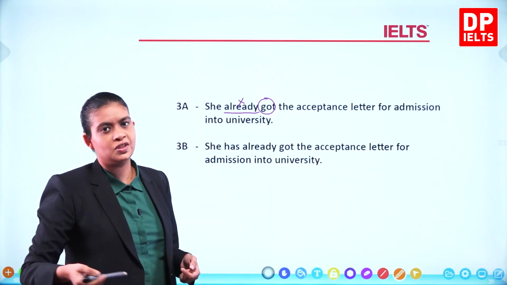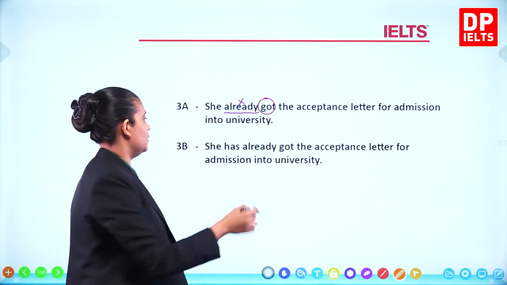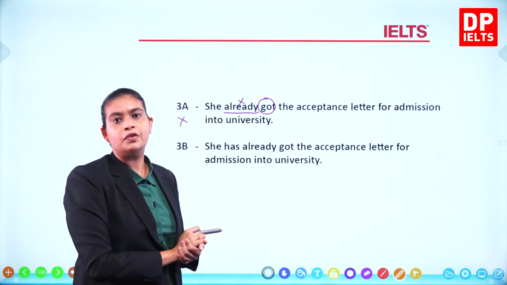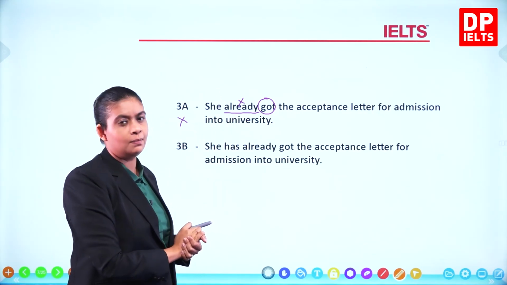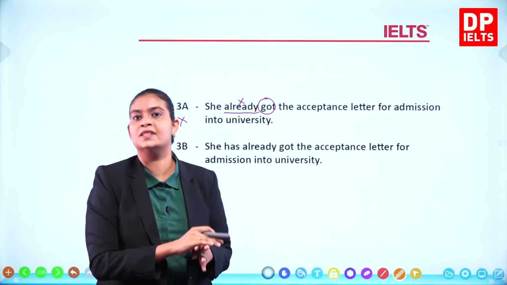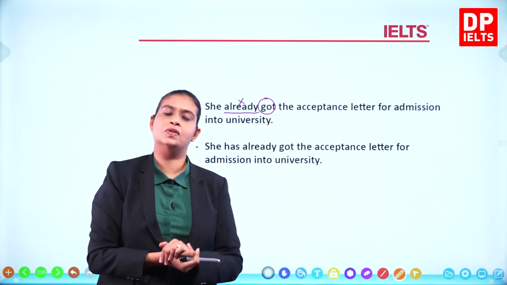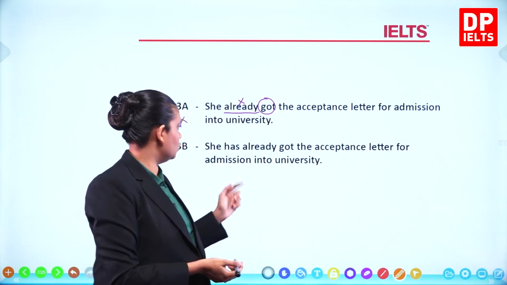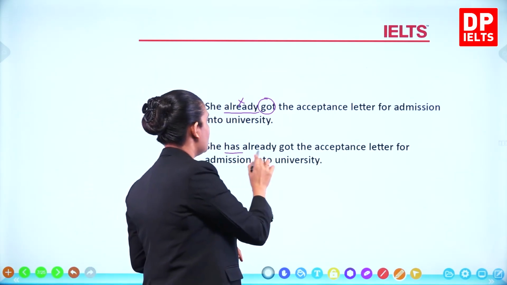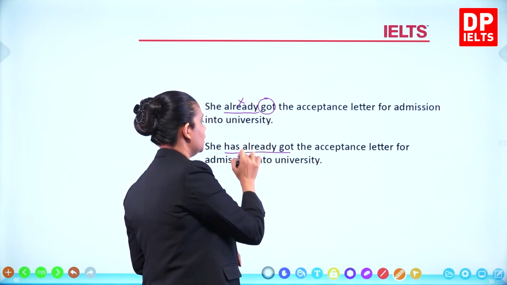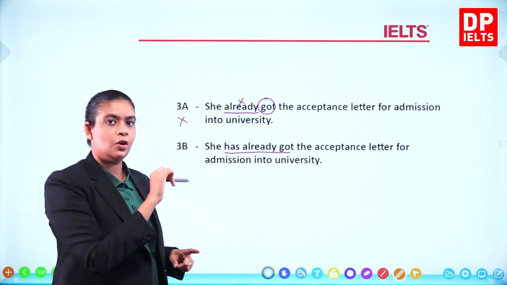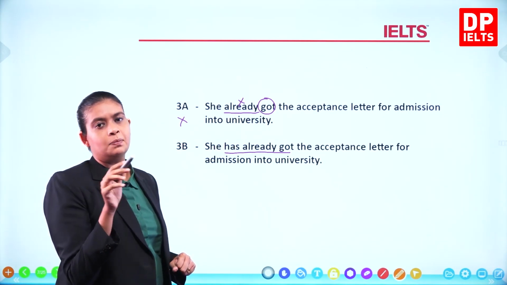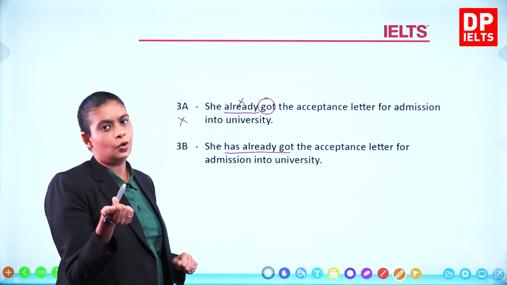You have to use it in the present perfect form because already is a frequency adverb. And remember I told you already, just yet. You can't use it in the simple past tense. So she has already, fine, because the frequency adverb is used along with the present perfect form. Get, the past participle is got.